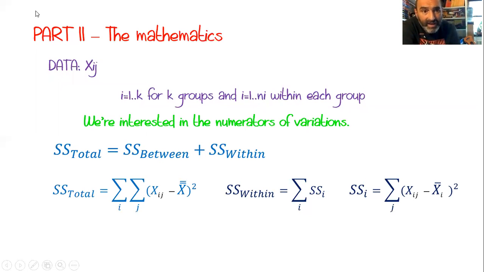So if I say X15, that means the fifth data point of the first sample. If I say X27, X27 means the seventh data point of the second data set. If I say X3,11, that means the 11th point of the third data set, and so on.